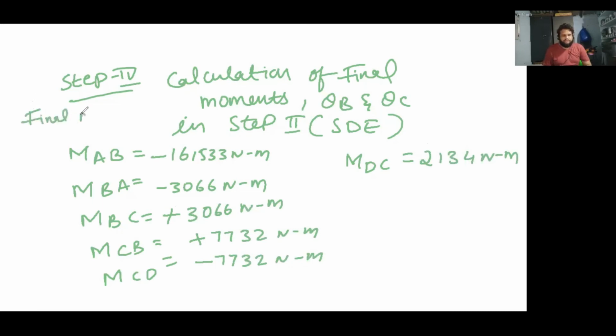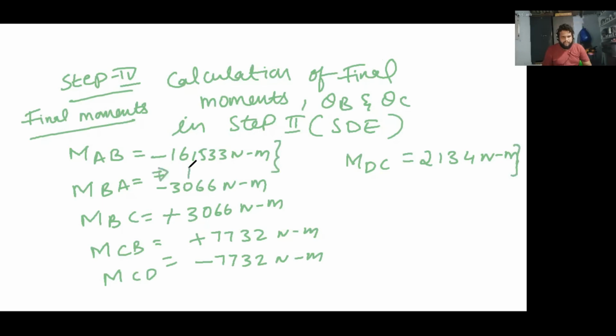With the help of these final moments and span moments, you have to plot the bending moment diagram. Now I am going to plot that bending moment diagram. So let me write this in kilonewtons.